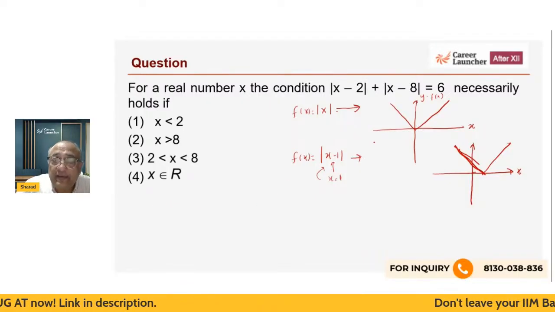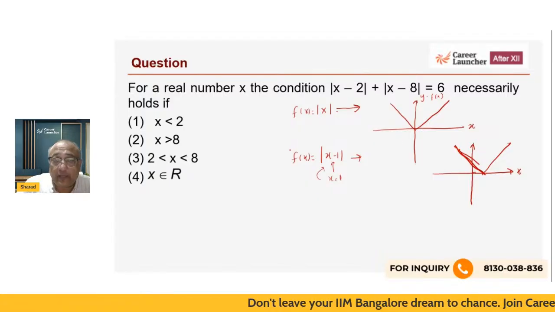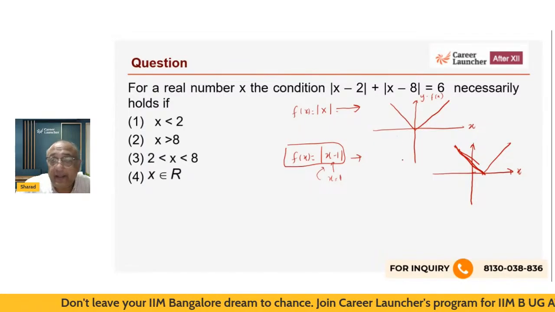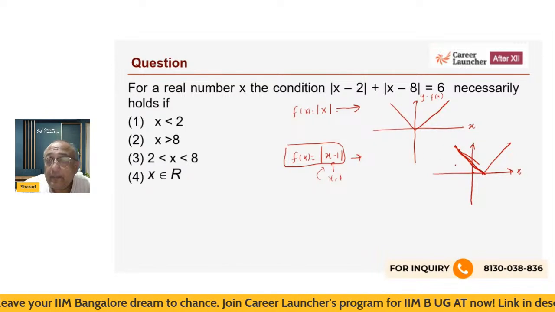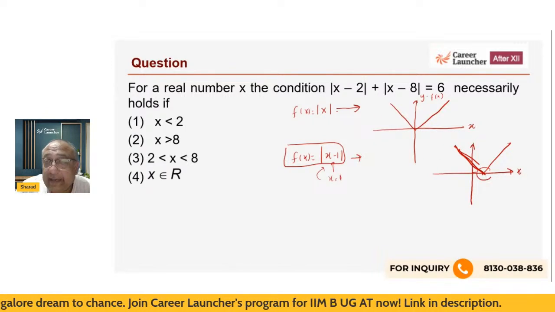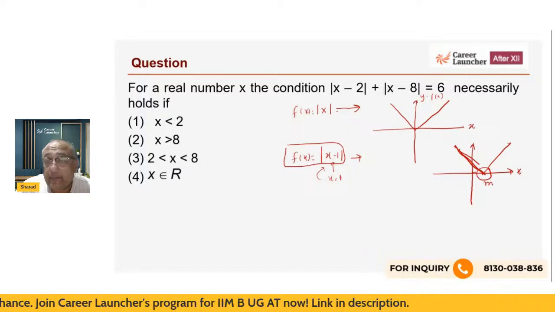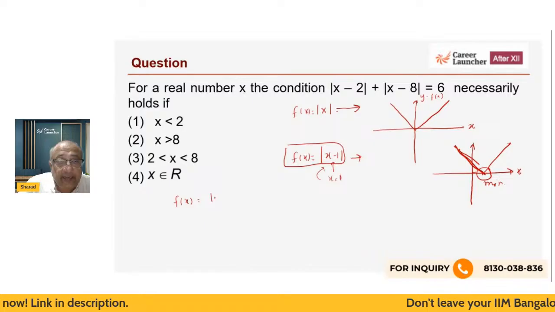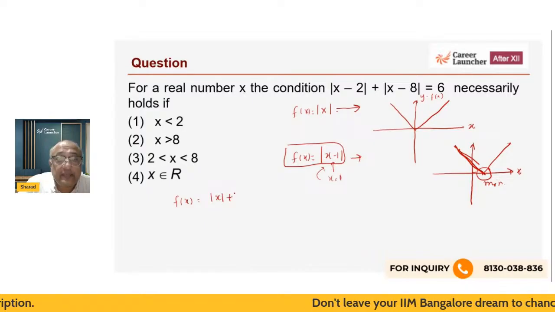Now, we have seen one thing. If we have mod x minus 1, that is only one term, only one mod is there, then it is having a minima. Minima at x is equal to 1. This is the minimum value. And if I have now f(x) is equal to, let's say, mod x plus mod x minus 1.